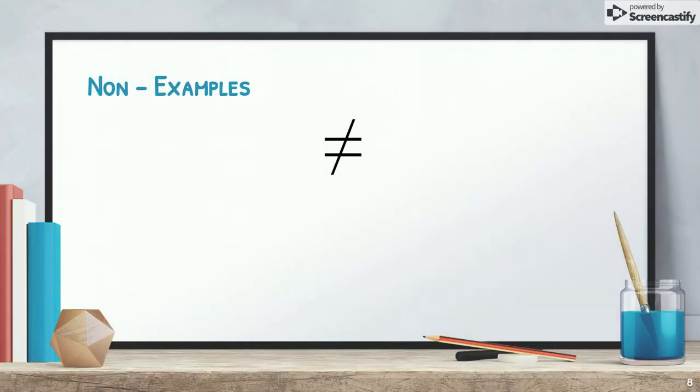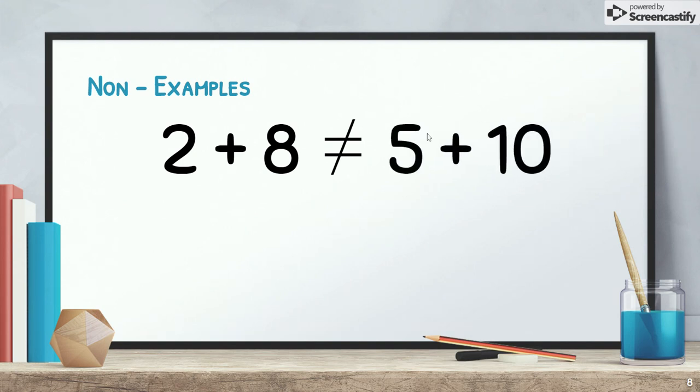Let's try a couple more. We have 2 plus 8. We know 2 plus 8 is 10. So if I were to put 5 plus 10 next to it, which is 15, these two expressions are not equivalent. 2 plus 8, which is 10, is not equivalent to 5 plus 10, which is 15.